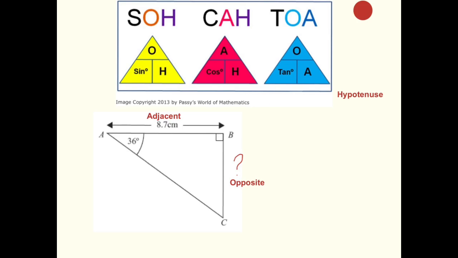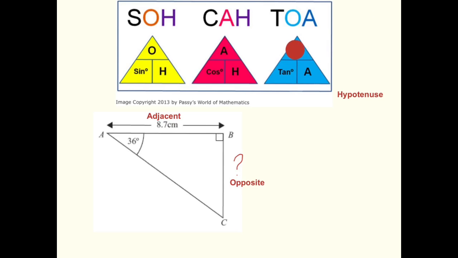Okay, now what I do is I look at these three triangles and I look to see which triangle has got the adjacent and opposite in it. So I'm looking for A and O, and here they are, A and O. They're in this blue triangle, the tangent triangle. They won't appear in any of the others, so I'm going to use that triangle. Now, with these triangles here, I'm going to cover up what I need. Remember, I need the opposite.